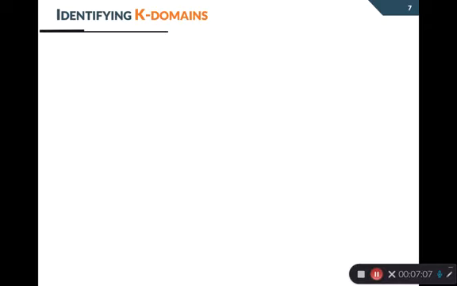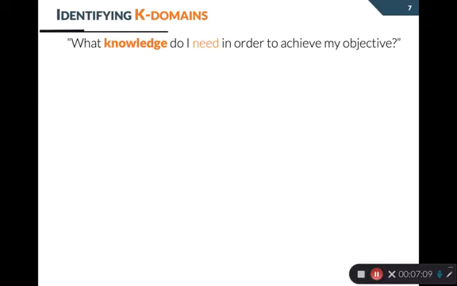The next step of KSP is basically asking this question: what knowledge areas, what knowledge domains do organizations need? This organization needs to achieve these strategic objectives.